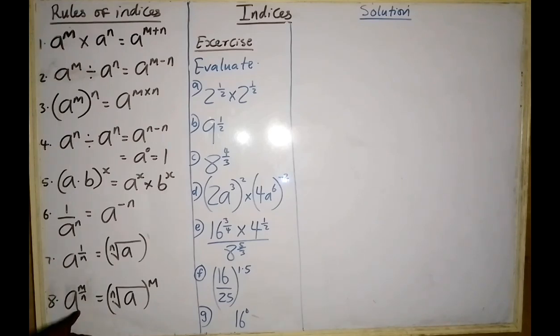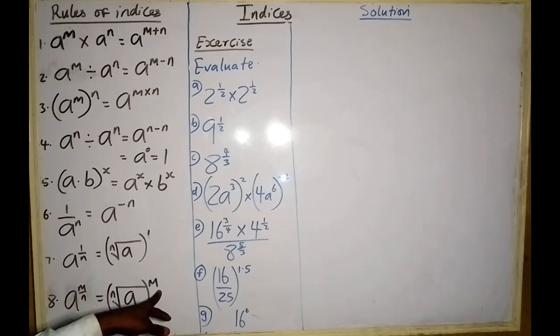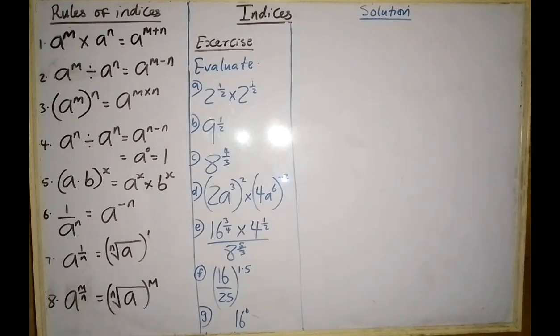Now, when we have a base with an index of, let's say, 3 over 2, this can be expressed as the square root of the base raised to the power of 3. Don't forget, I told you that you can easily have 1 here, but the 1 does not have any significant value. But in the case of the fractional index law, we have to indicate the index of the value given to us. The m could represent any value.